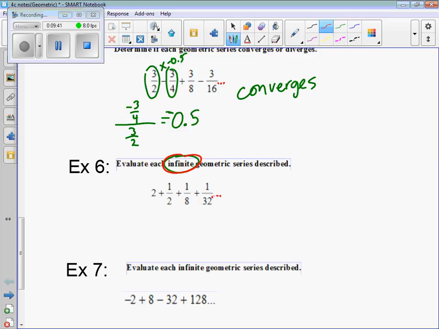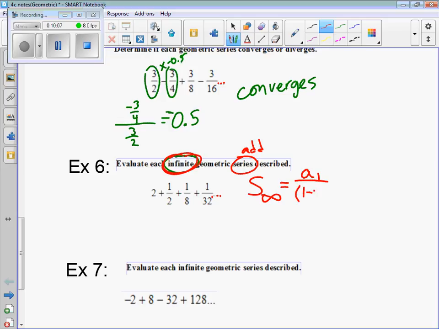There's another formula to use for this. Series means added up, so you have to add these. Since it's infinity, there's a formula for this. S sub infinity is the only formula you use anytime you see infinity: first term over 1 minus r.